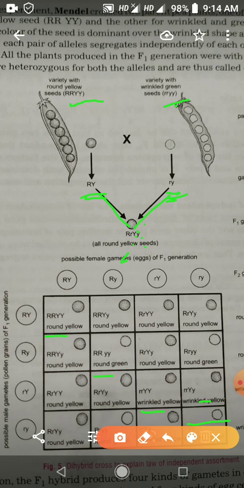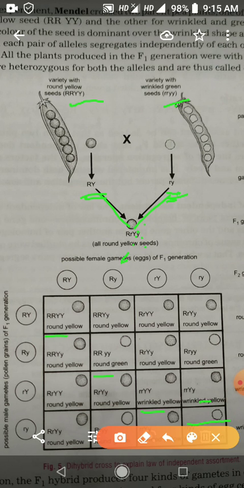It means a pair of alternate or contrasting characters behaves independently of the other pair. It means inheritance of seed color is independent of seed coat. Therefore, at the time of gamete formation, gene for round or wrinkled character of seed is sorted out independently of the yellow or green color of the seed.